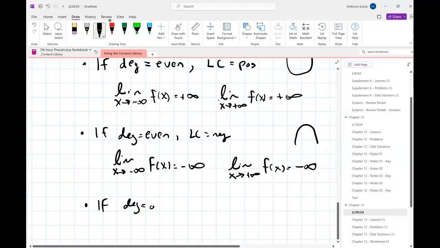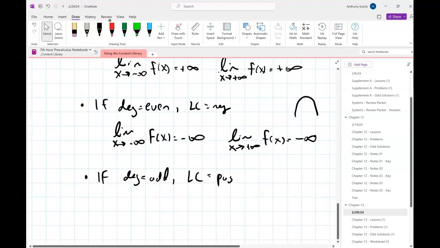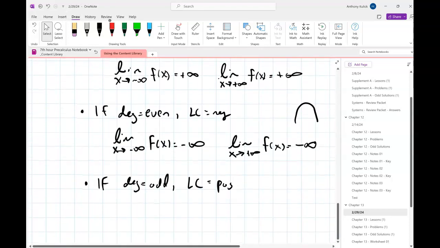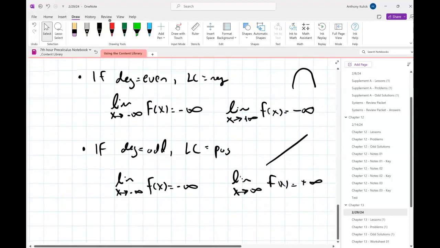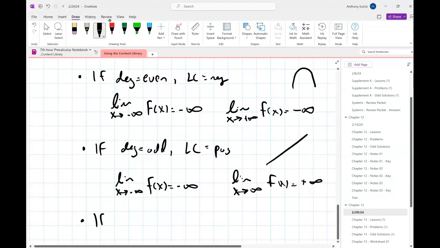If the degree is odd and the leading coefficient is positive, then the left end of my graph is going to point down, and the right end of my graph is going to point up. Just like the graph of y equals x. That's the way I kind of remember that.